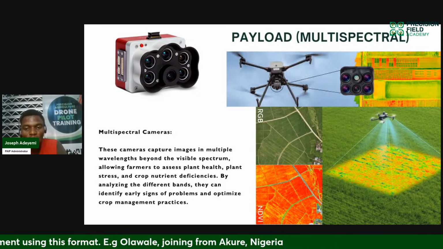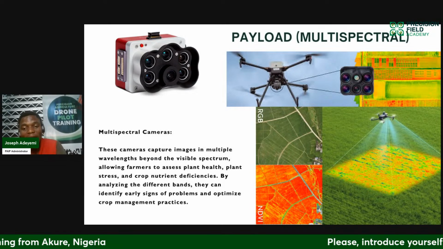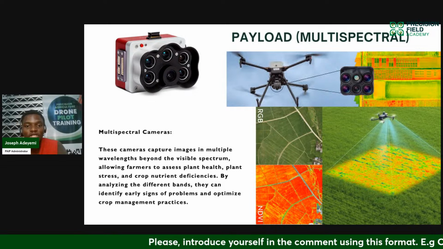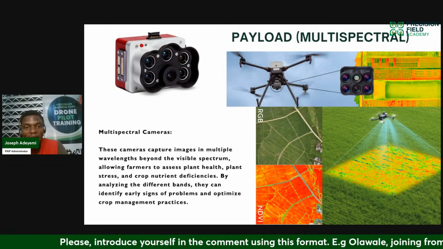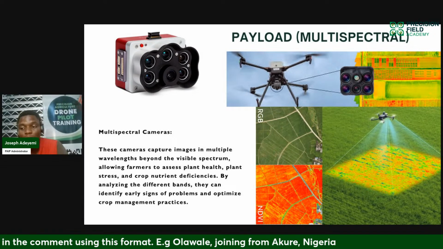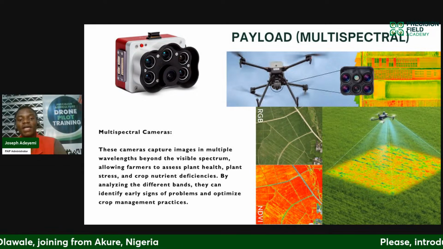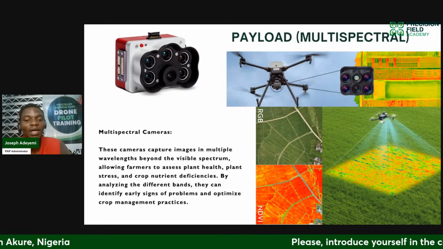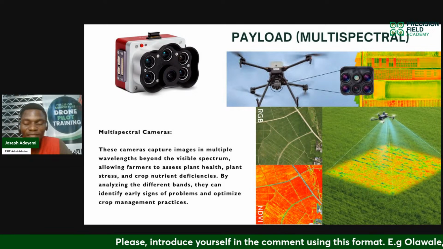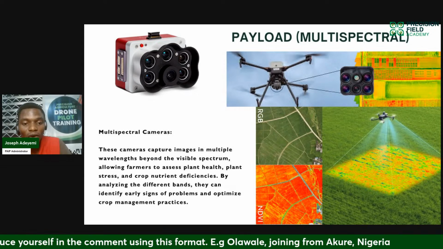So this allows farmers to assess plant health. You want to know the health state of your crop on the field. A multispectral sensor can help you get this. An RGB payload can only help you see, like a visual inspection of what is happening on the field. Maybe you have pest invasion on the farm, leaf miners, leaf borers, or the fall armyworm or caterpillars that have bubbled on the leaf of the crops.